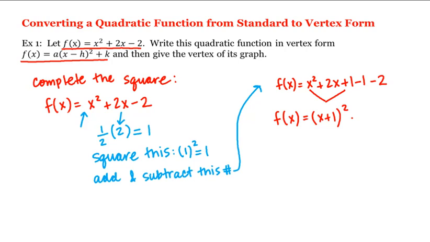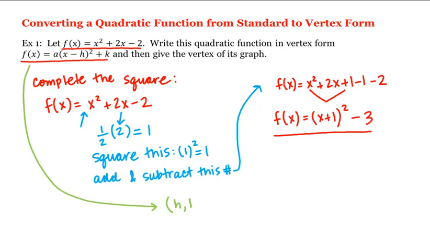And then we have minus 1 minus 2, which is minus 3. And so we've written our function in vertex form. And when we write a quadratic function in this vertex form, then (h, k) is the vertex of its graph.